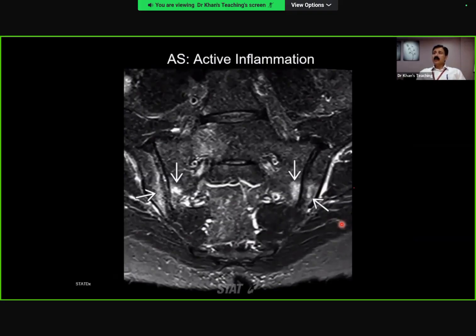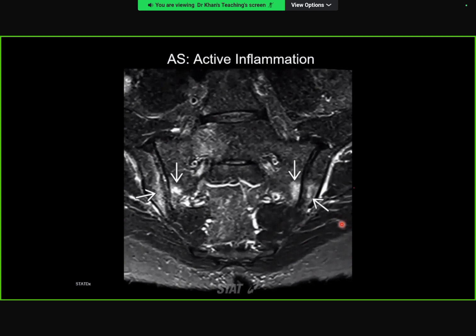If the rheumatologist sends this patient to you to rule out ankylosing spondylitis, how will you report it? So this is a single coronally oriented fluid-sensitive MRI sequence through the pelvis.